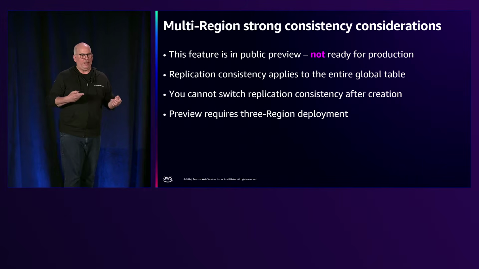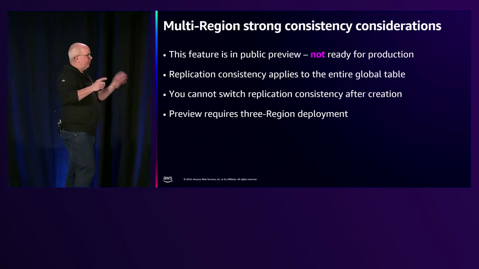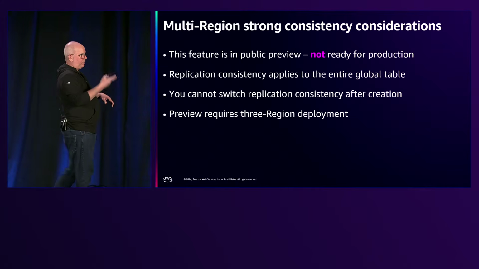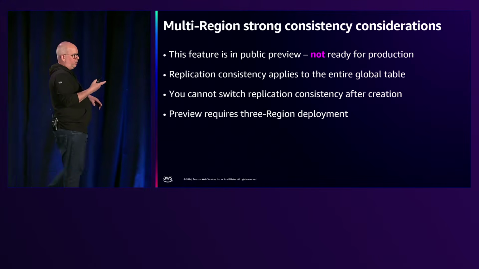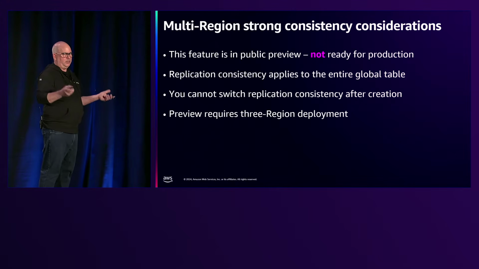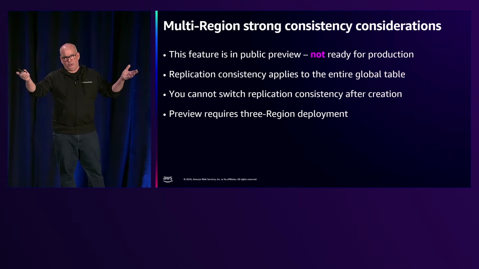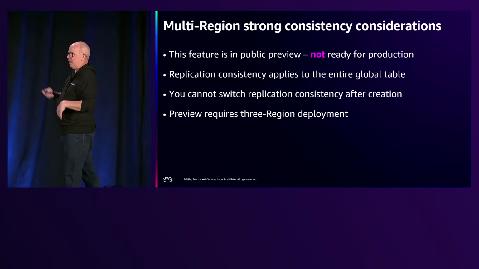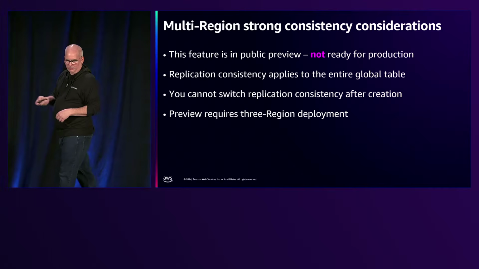You cannot switch back and forth today. There's a multi-step process where it's possible to go from a strongly consistent global table to a multi-region eventually consistent one by deleting all the replicas, leaving a single region table, and then building a multi-region eventually consistent global table from that. But as of today, there's just no switch where you can go back and forth.